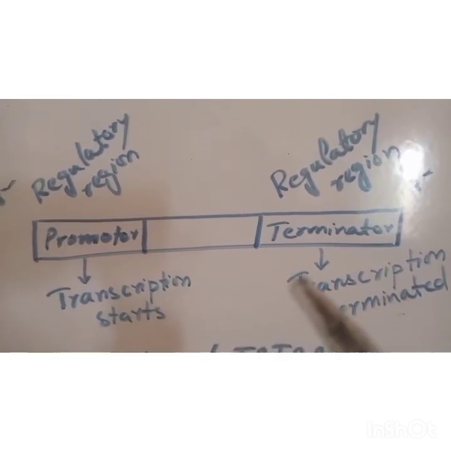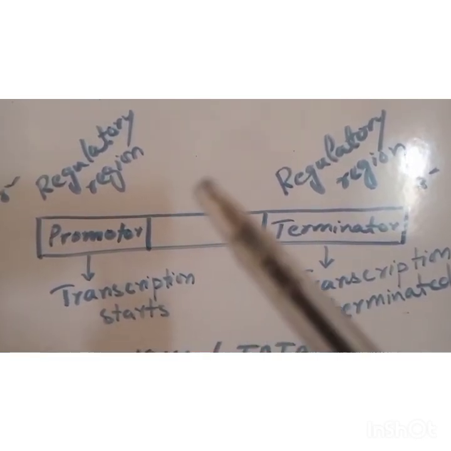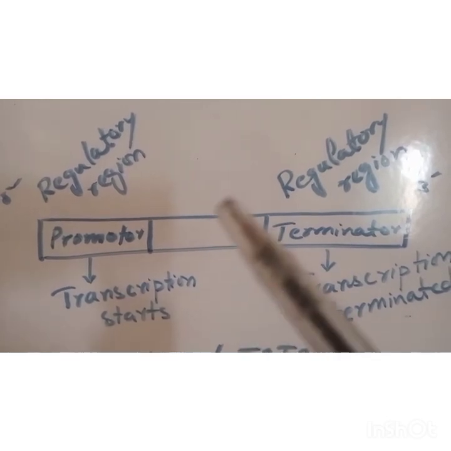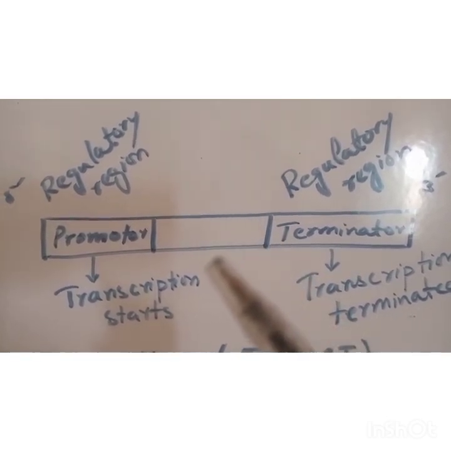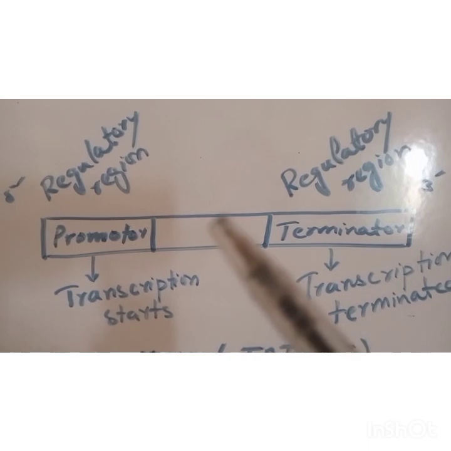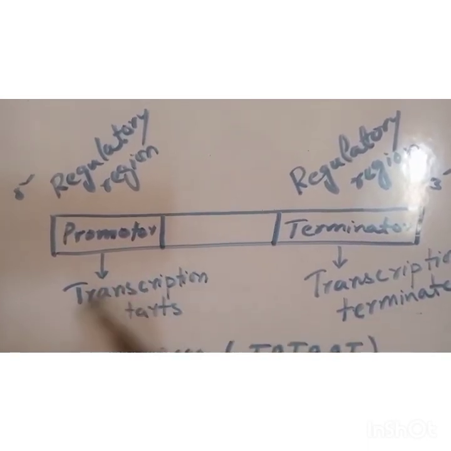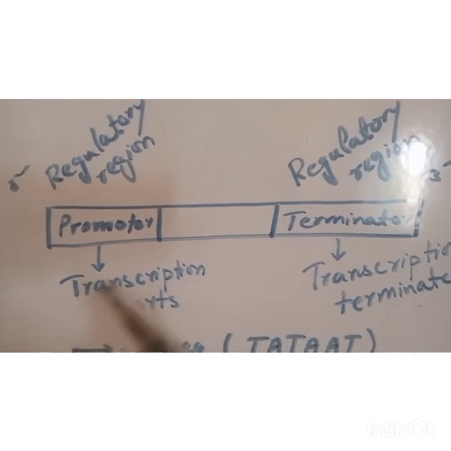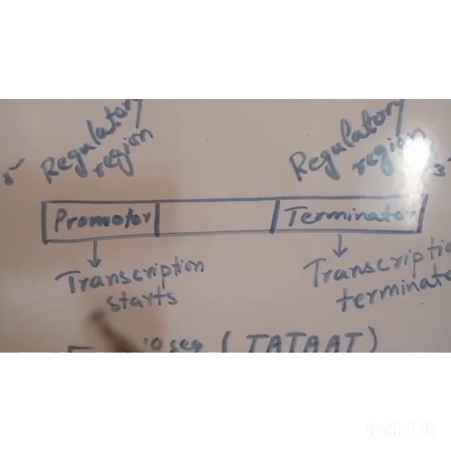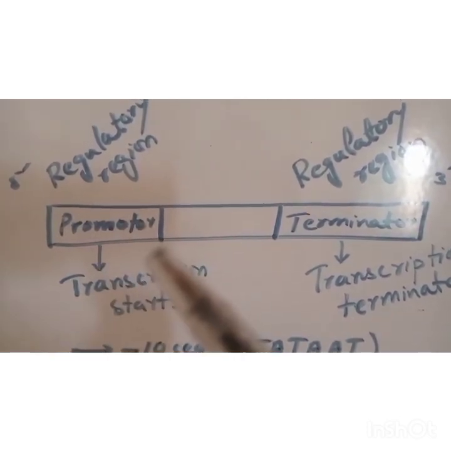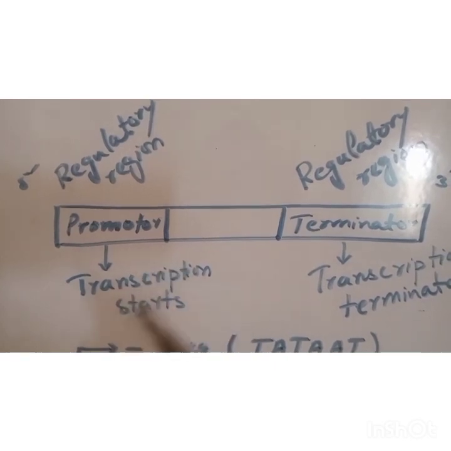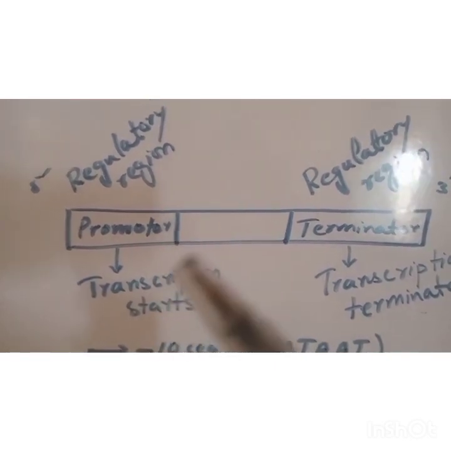This region is known as the structural region, where alternating exons and introns are present. So, during the initiation phase, the RNA polymerase binds with the promoter region of a gene to start the transcription.